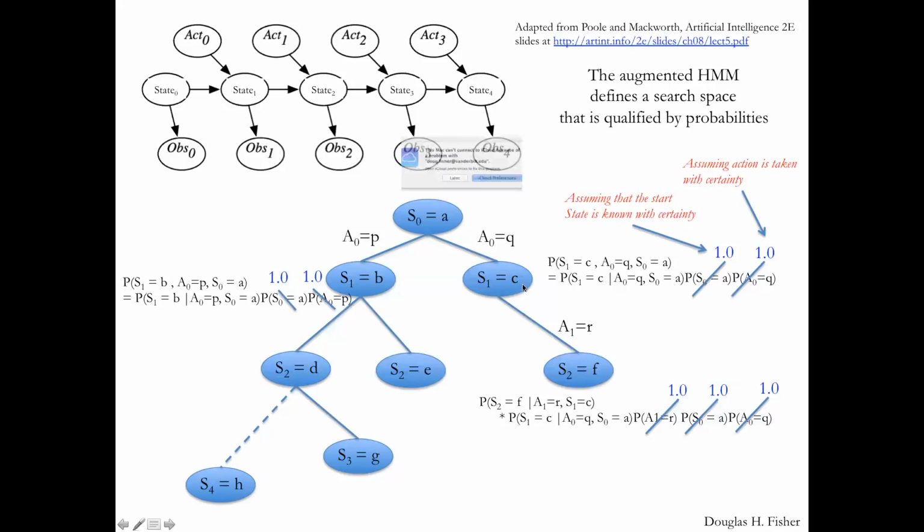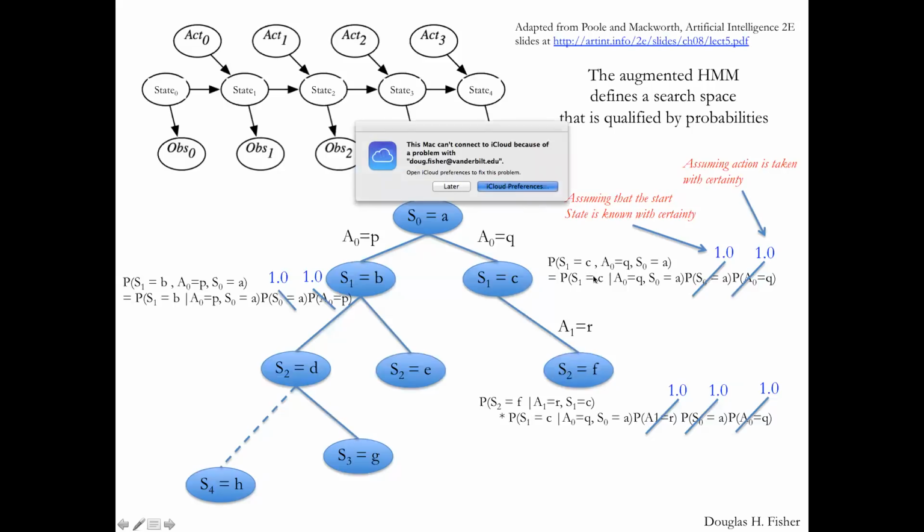And then there are going to be probabilities associated with these. The probability that you'll get state C after applying an action, what we're really computing here is the joint probability of C, action, and prior state. This joint probability is an indication of how likely this outcome is given that action applied to that state.